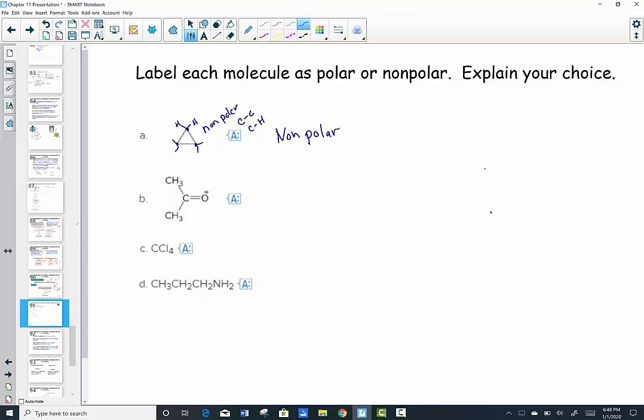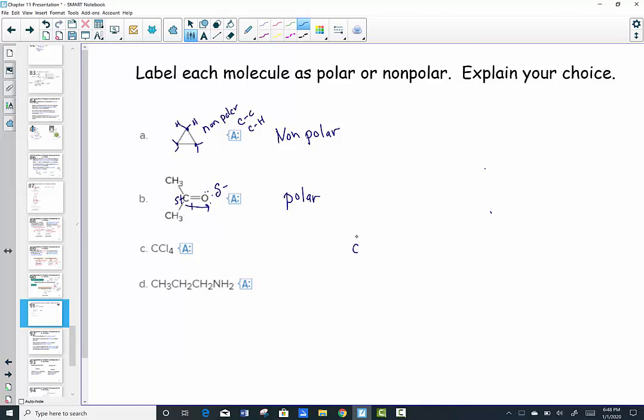In letter B, I notice a polar bond right off the bat where carbon is double bonded to oxygen, creating a very rich electron area on the oxygen, leaving this carbon electron deficient, partially positive. Because it's an unequal distribution of charge, it is a polar molecule.